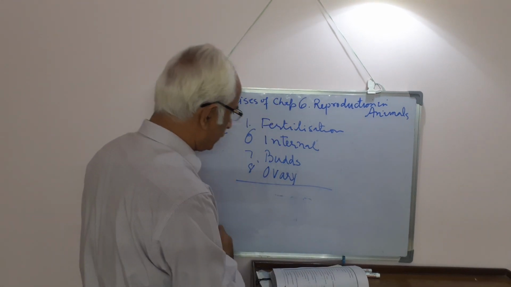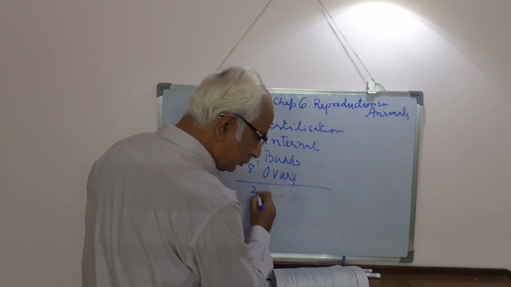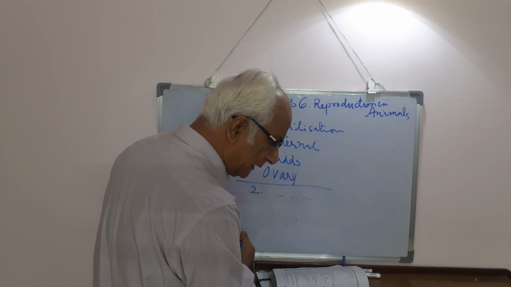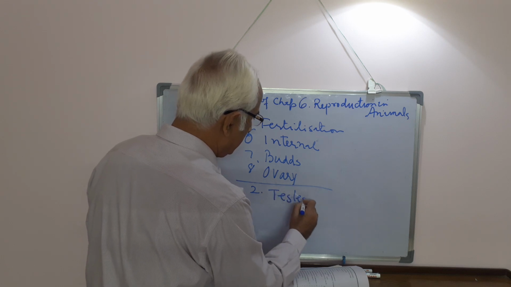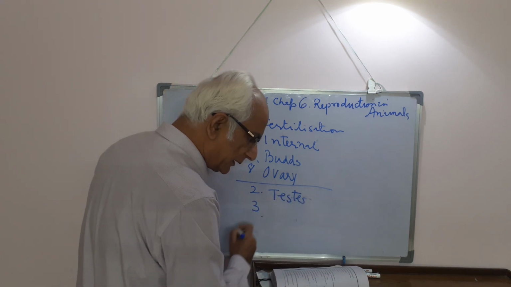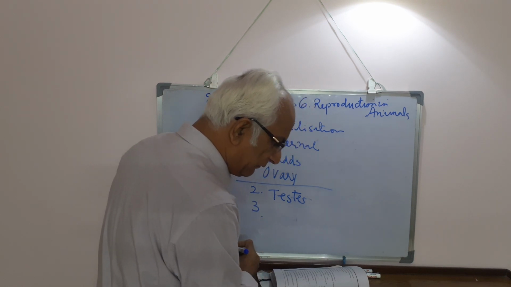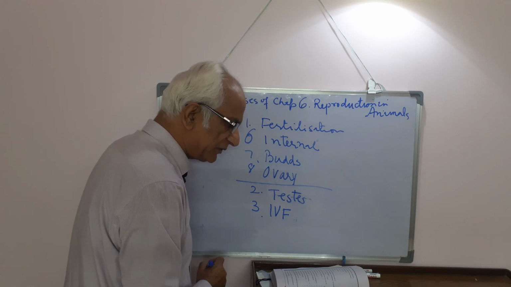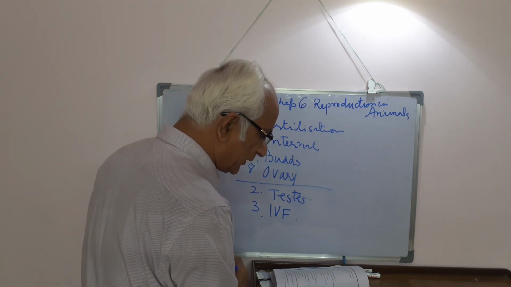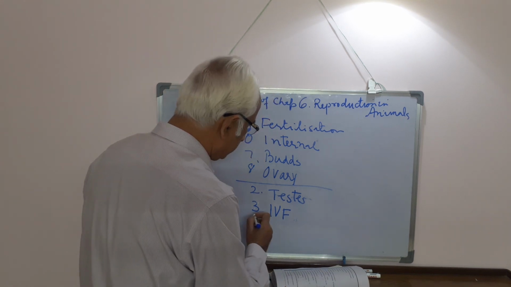This is across. Downwards, 2. Sperms are produced in the male reproductive organs, testes, T-E-S-T-E-S. Third, another term for in vitro fertilization, I-V-F. This is the word used for in vitro fertilization. 4.